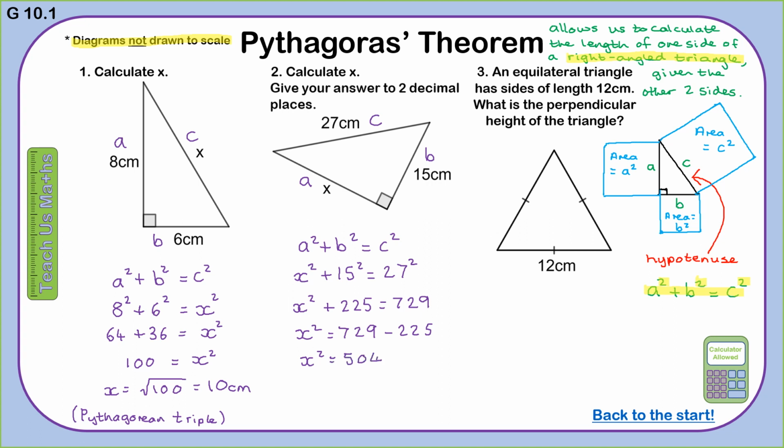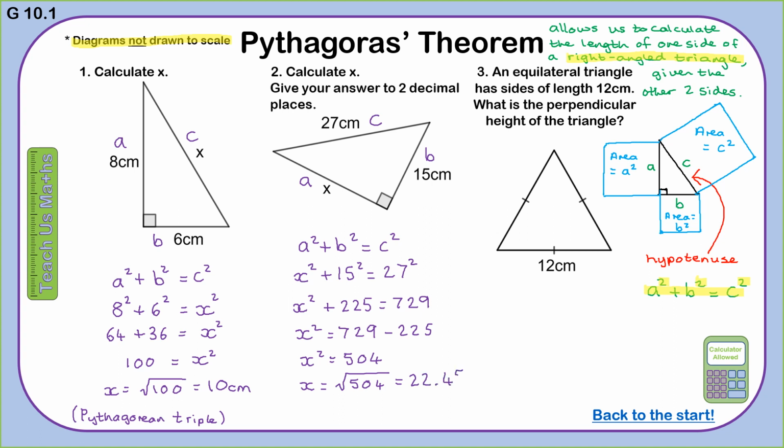So now we know what x squared is, we need to undo that squaring to find the value for x. X is equal to the square root of 504, which is equal to 22 point, and I'm going to round to 2 decimal places, 45.